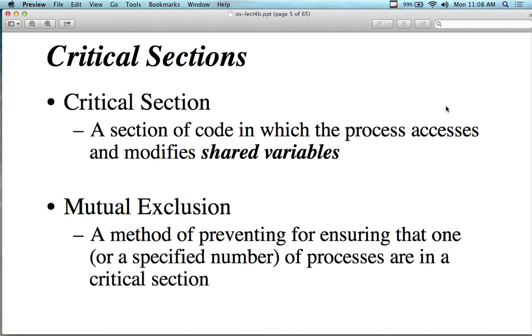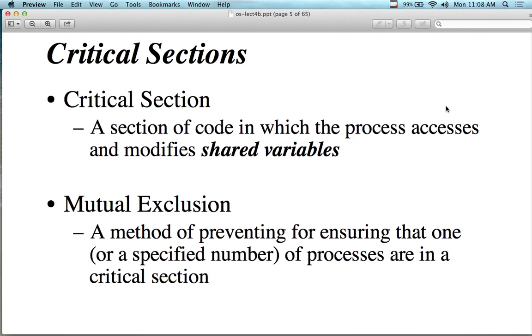We have bounded and unbounded buffers that we work with. The bounded buffer is fixed to a certain size, and we can use the size of that buffer to control which process has access to it. If the buffer is full, we don't need to produce any more, so the consumer can drain it all out, and vice versa. For conditions where it's empty, the producer has to produce for it.